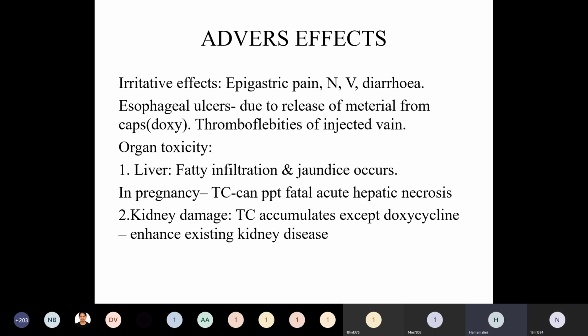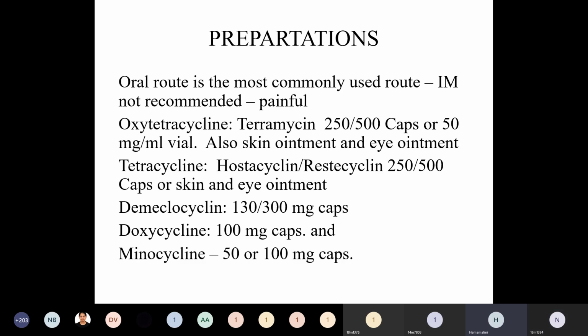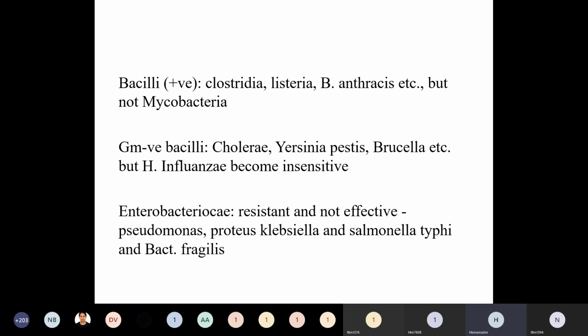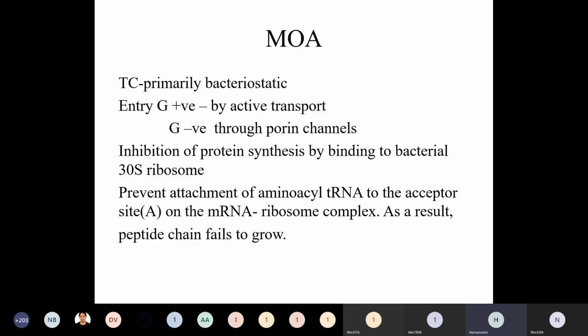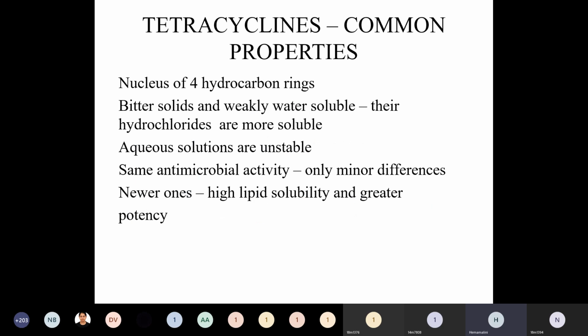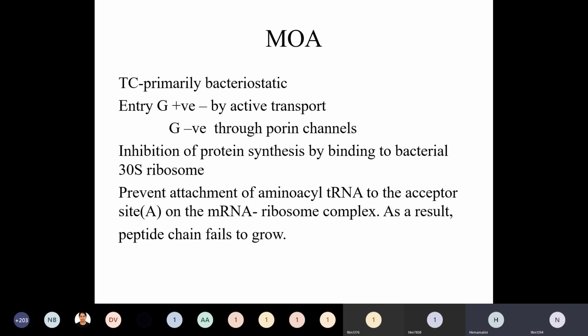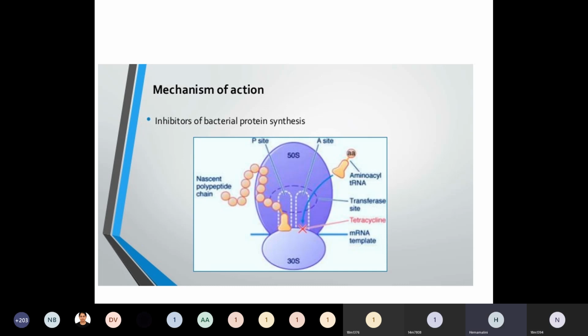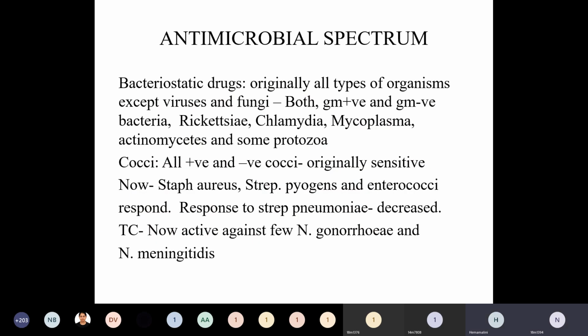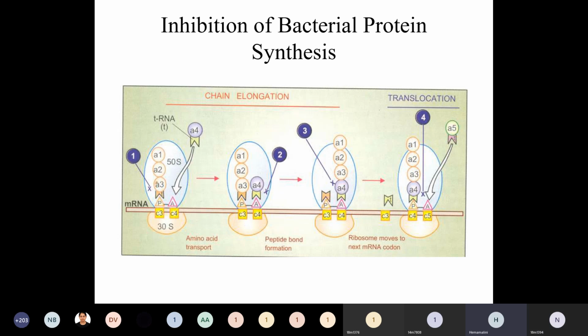Seventh and eighth, ma'am. Now, can you see this slide? Yes, ma'am, we can see. Tetracycline common property, I discussed, no? Mechanism of action we could see, ma'am. What about this slide? Yes, ma'am.